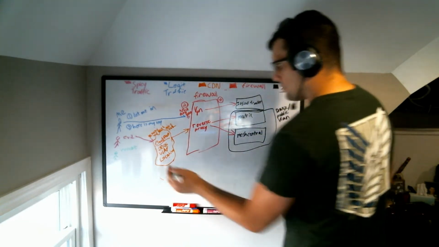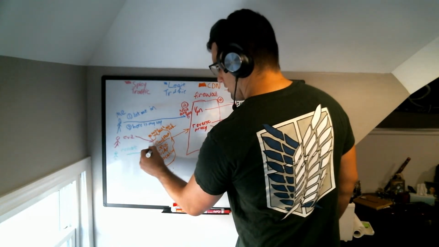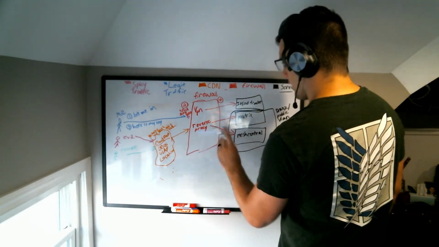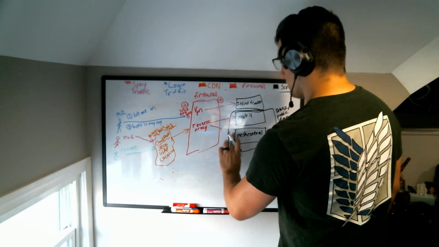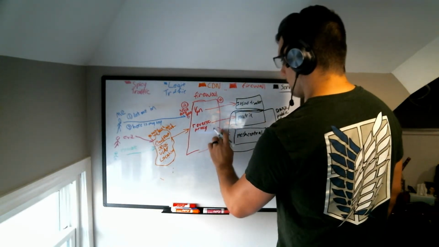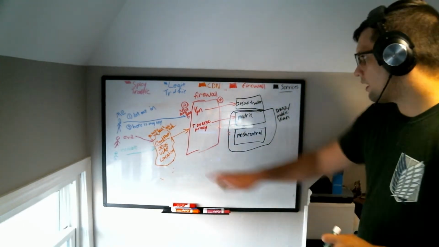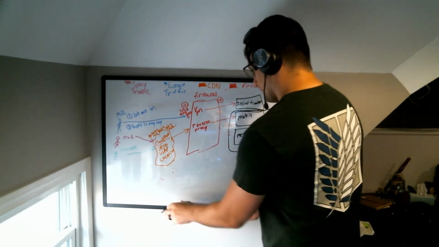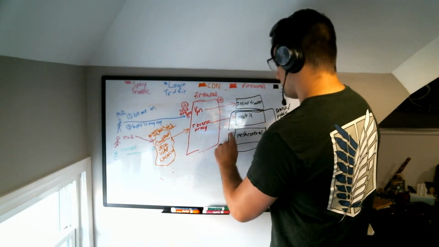And now our remote user is going to go through Cloudflare. Cloudflare is going to go through the reverse proxy. Actually, Mesh Central doesn't work. And then they can go and access Matrix.